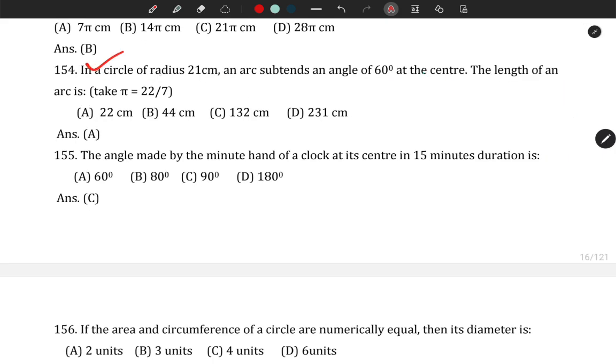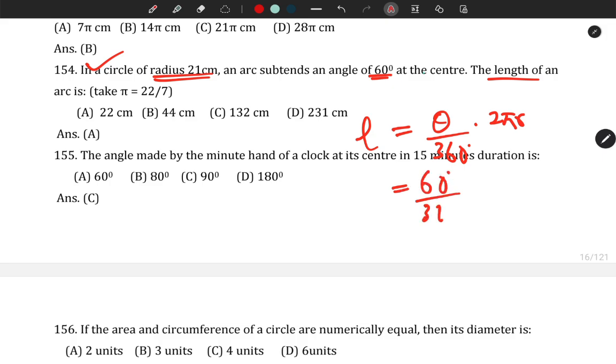Next, in a circle of radius 21, sector angle is 60 degrees. Find the length of an arc. So for length of an arc we can use this formula, theta by 360 into the circumference, that is 2 pi r. So theta here is 60 degrees by 360 into 2 into 22 by 7 into radius 21.